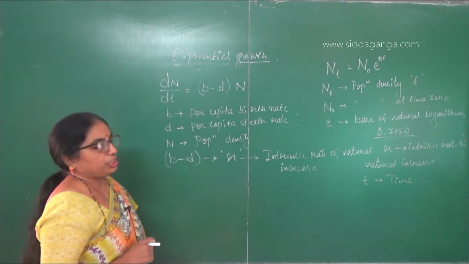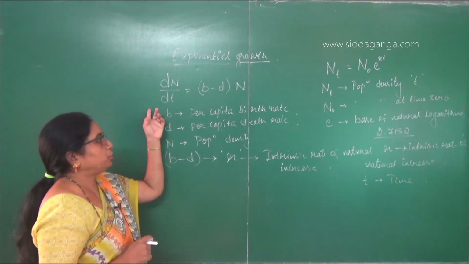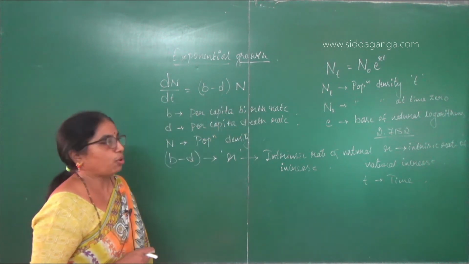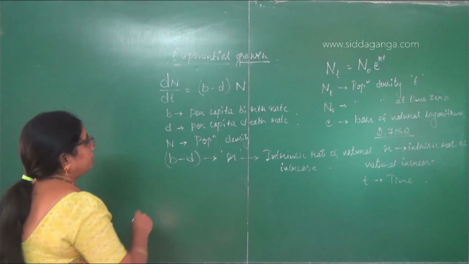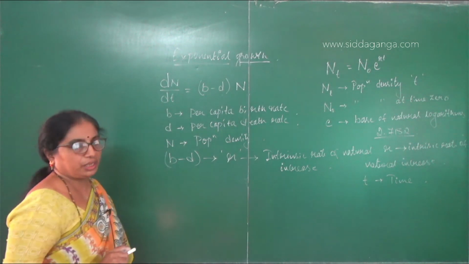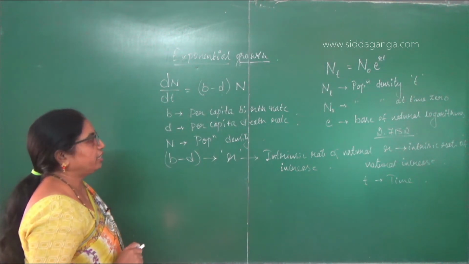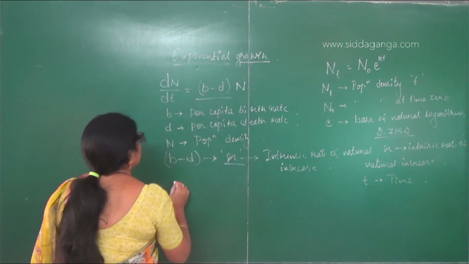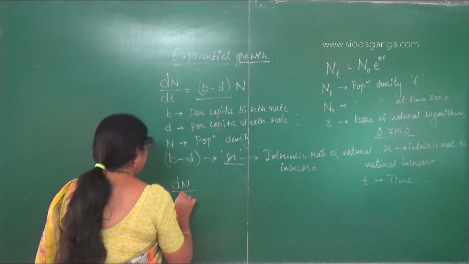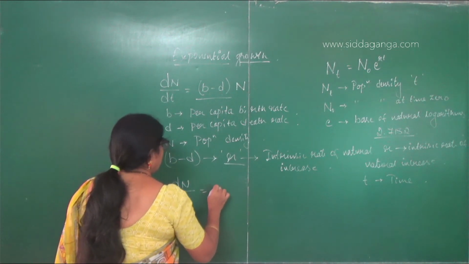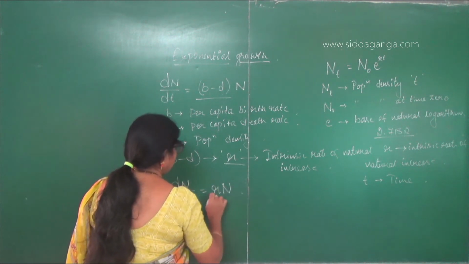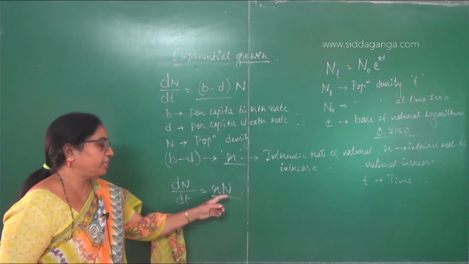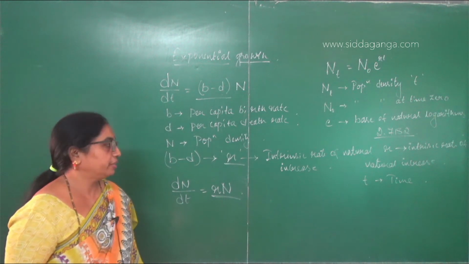So exponential growth can be represented by two important formulas: the calculus form and the integral form of the equation. In the calculus form, dN by dt is equal to (b minus d) into N, where b minus d can be replaced by r. So dN by dt will finally become equal to rN, where r is the intrinsic rate of natural increase and N is population density.